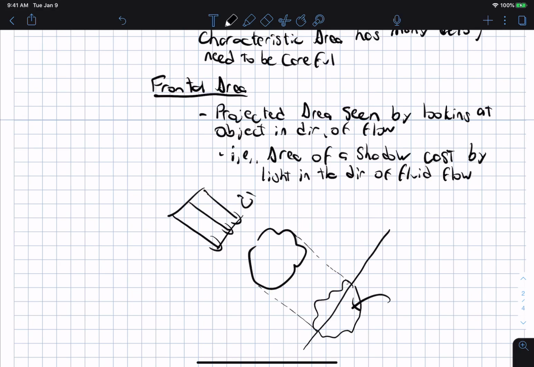So this would be the shadow, and the area of the shadow is the frontal area.